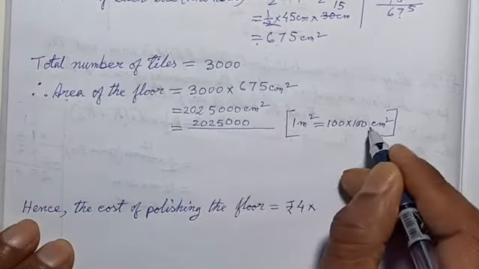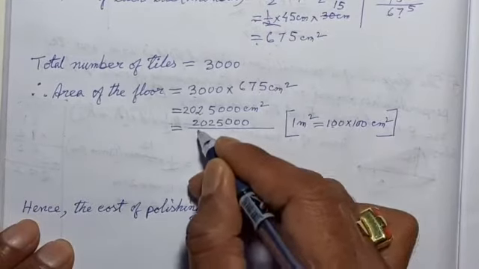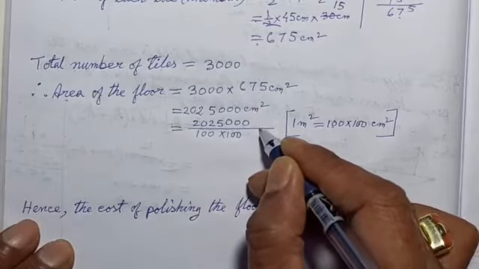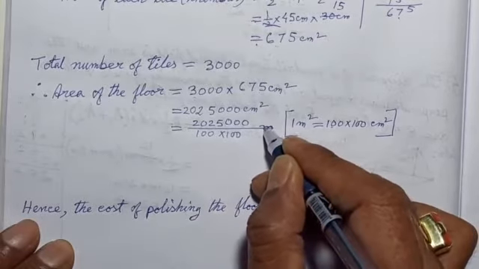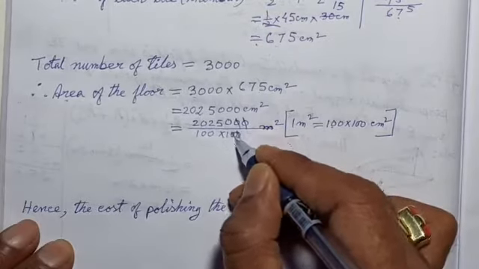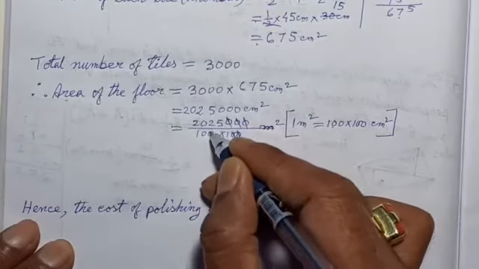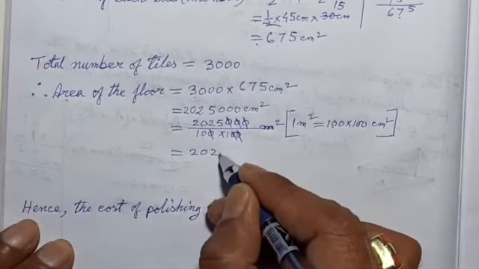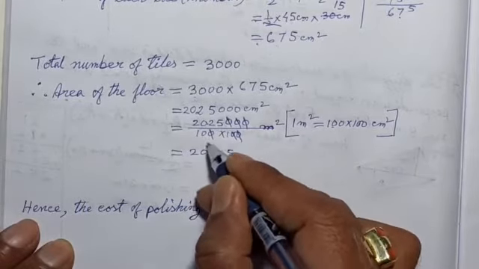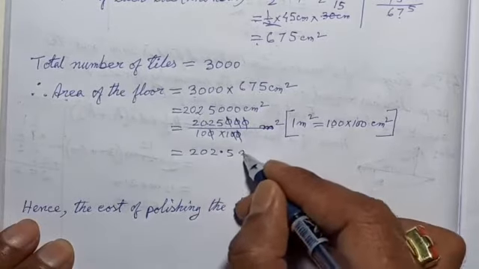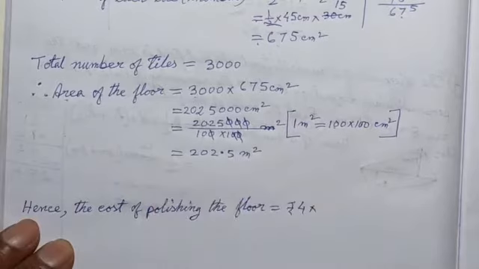This 0 and this 0 are cancelled, this 0 and this 0 are cancelled, and this 0 and this 0 are cancelled. If 10 divides this, we will get 202.5, one decimal place, meter square. And this is the area of the floor.